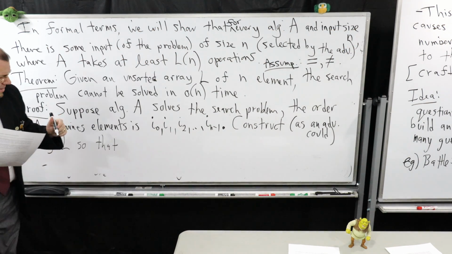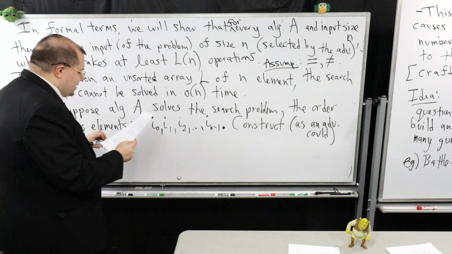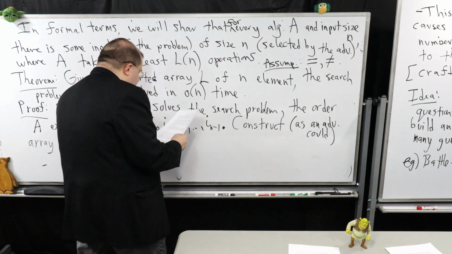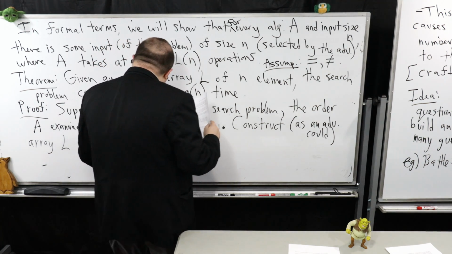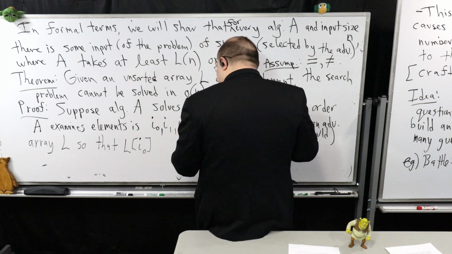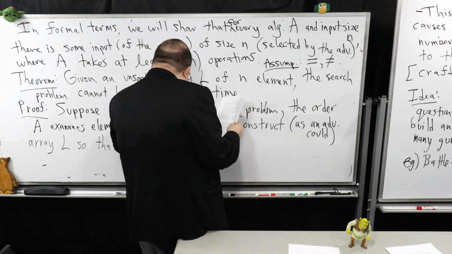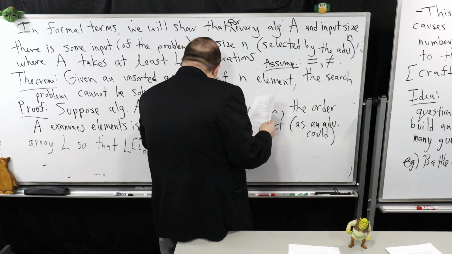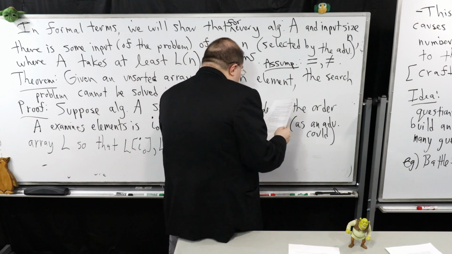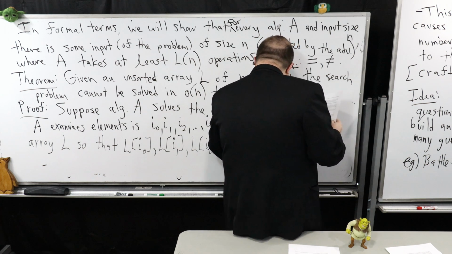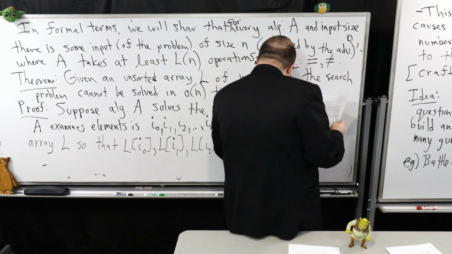Let's walk a little bit through this. L sub I 0, L sub I 1, L sub I 2, all the way up to L sub I n minus 2.